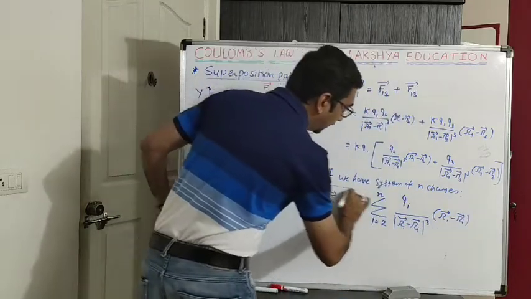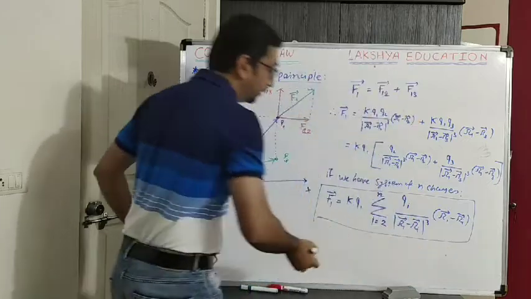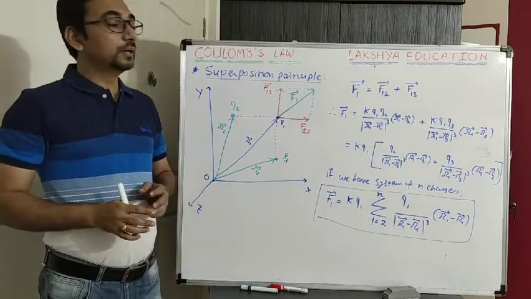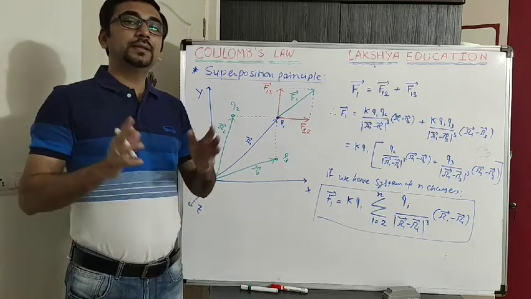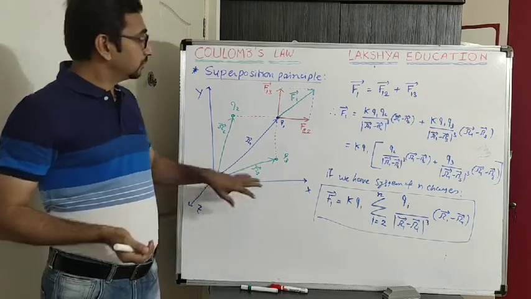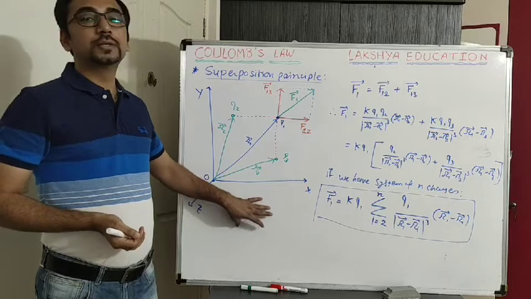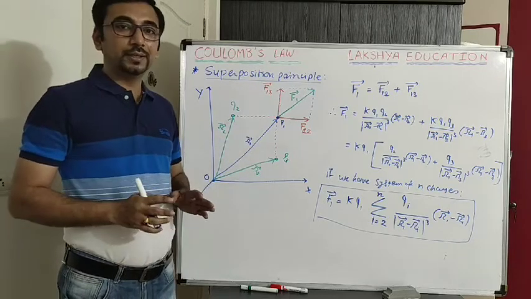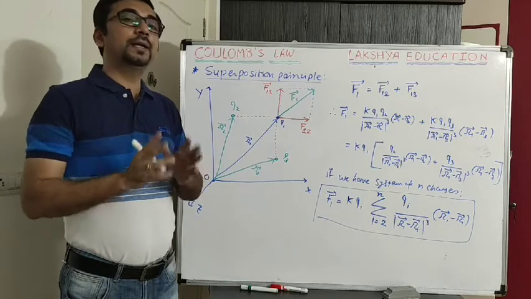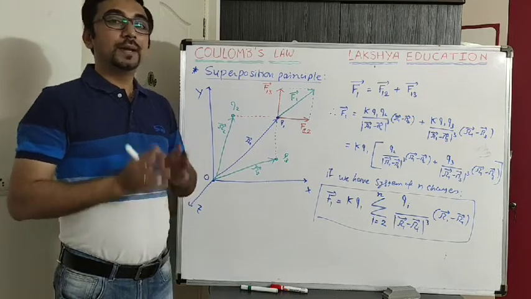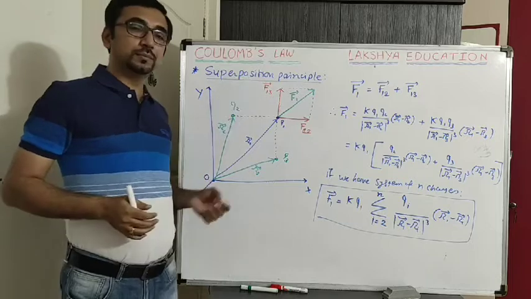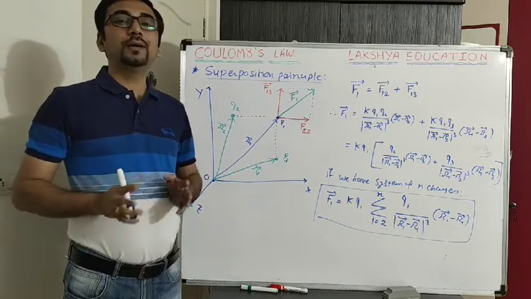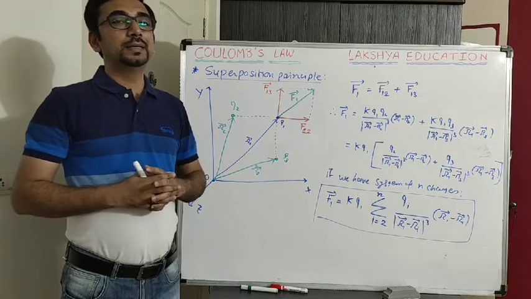So by this formula we can find the force acting on a particular charge due to n other charges. This principle is called the superposition principle. So here we studied the force acting on a particular charge in vector form by Coulomb's law for two charges and for n charges.